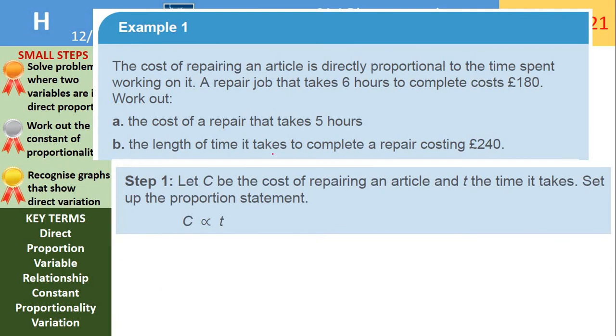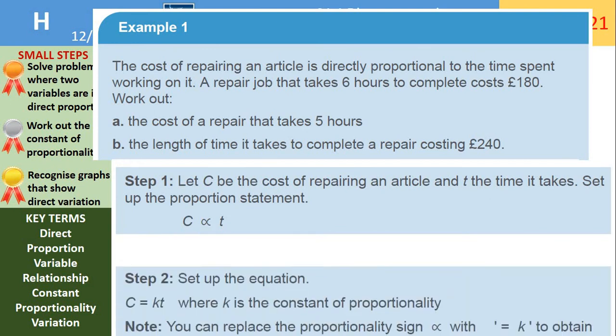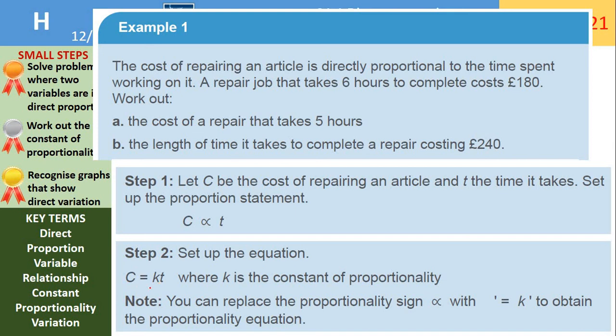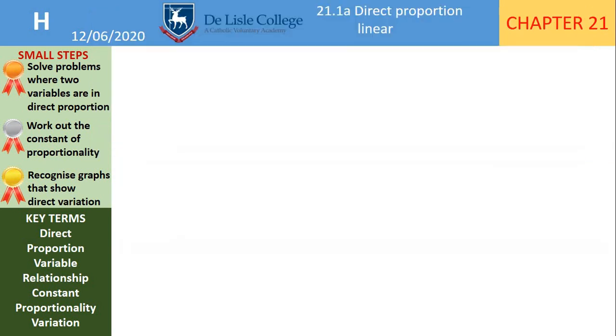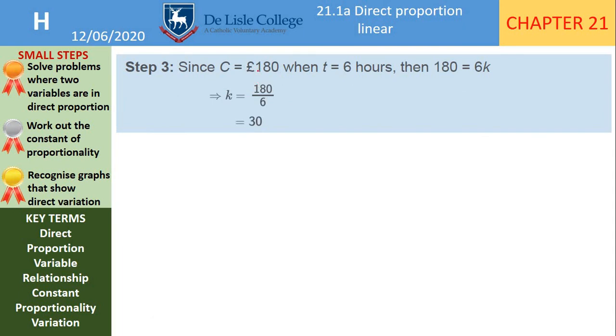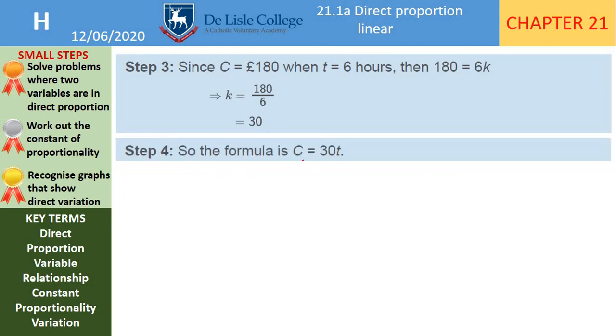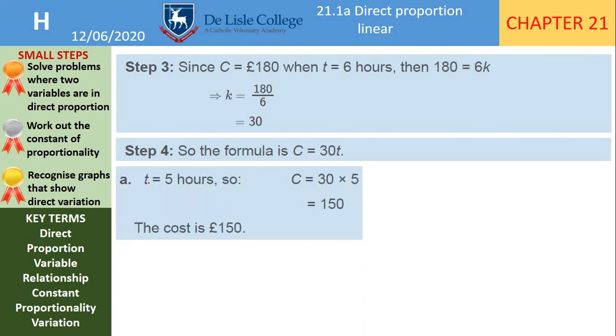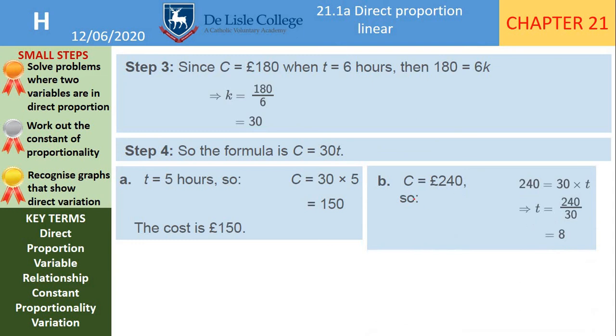So part A, step 1, they've got the C is proportional to T. Step 2, they've set up the equation C equals KT. Step 3, they replaced when C was 180, T was 6 to work out that K was 30. Step 4, they've put K into the formula to get C equals 30T. Step 5, they've replaced T with 5 to work out the cost was £150 for a job taking 5 hours. And for part C, they've worked backwards and worked out the time was 8 for a job costing £240.